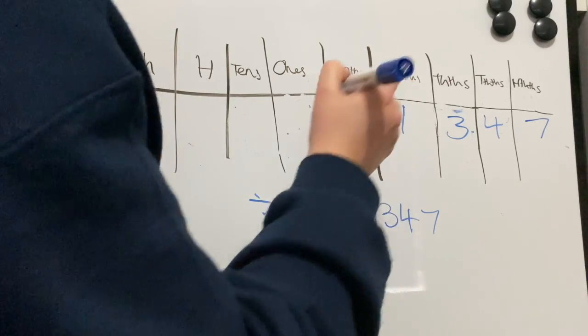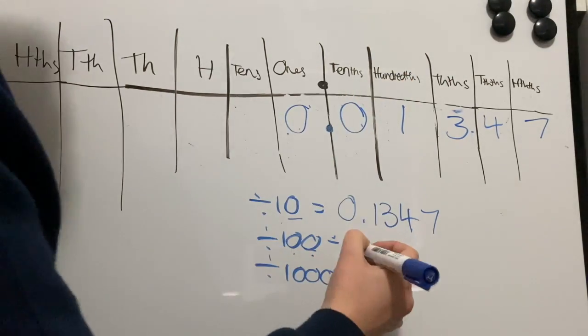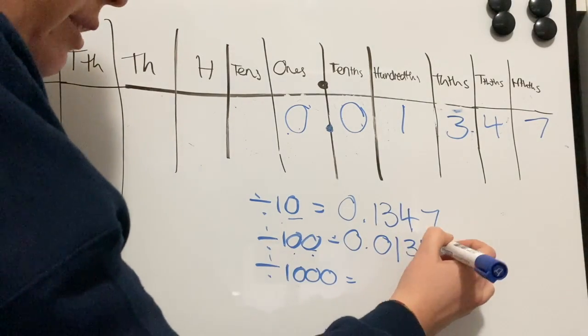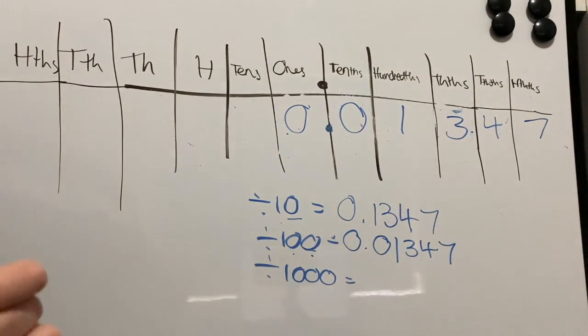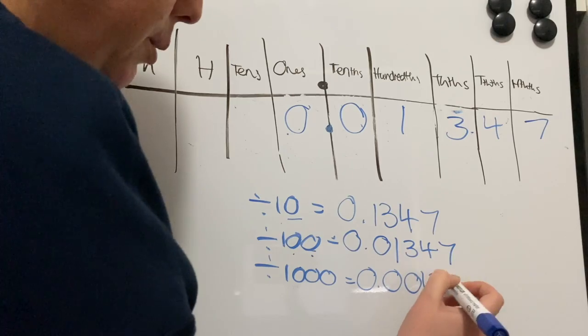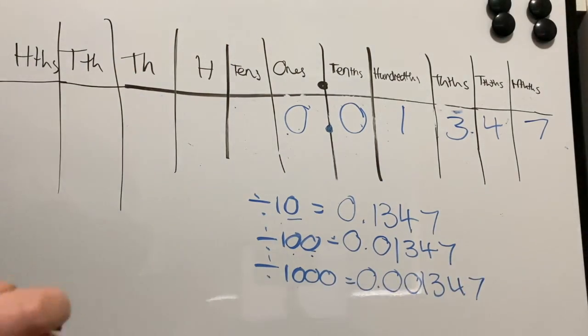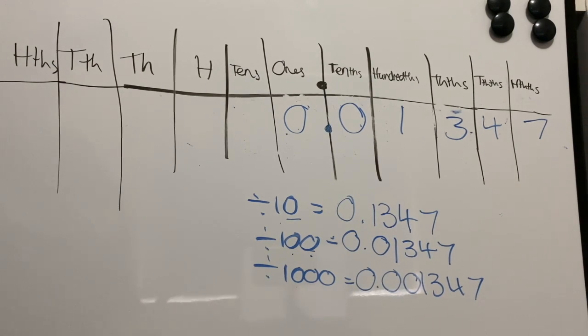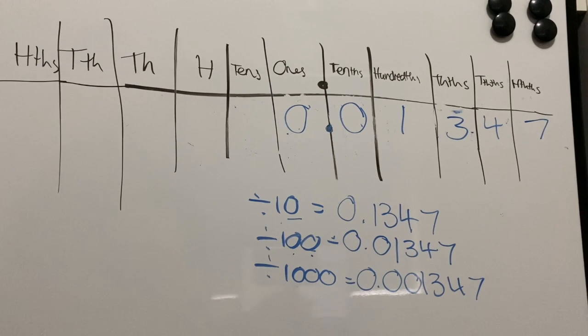We need a placeholder 0 for the tenths and the ones as well, and our number is 0.01347. My place value column doesn't actually go far enough for this one, so spoiler alert, this will actually be my number, 0.001347, when I divide it by 1,000, which is even smaller than the previous number.